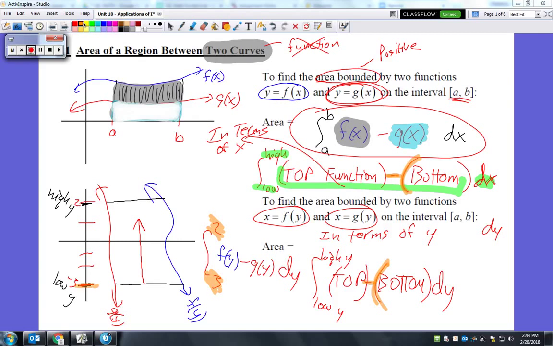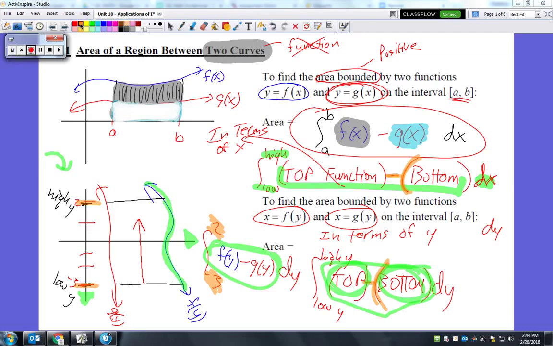Just know that you are not rotating your head when you're looking at bounds like that. The only time that I want you to rotate your head to figure out this piece, which is top minus bottom, is when you're rotating your head about 90 degrees, so that you look at this as now your top, and this is now your right. And now you can see that if your head is tilted, this is the top function.